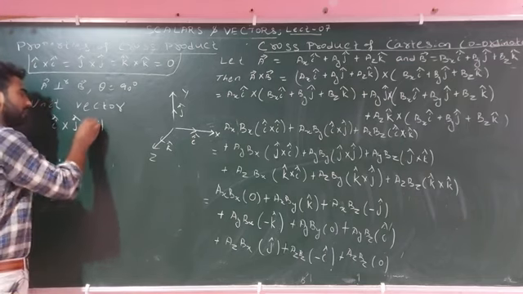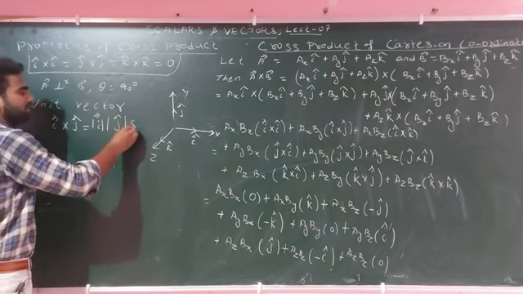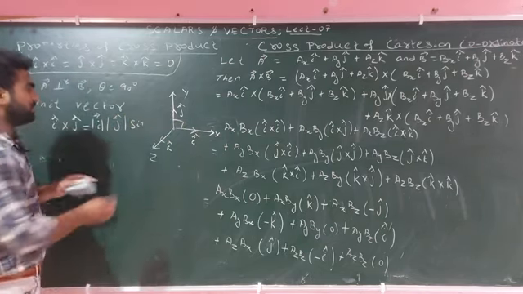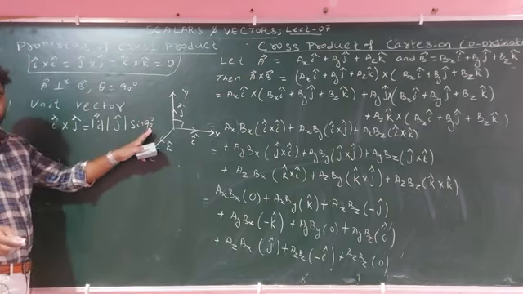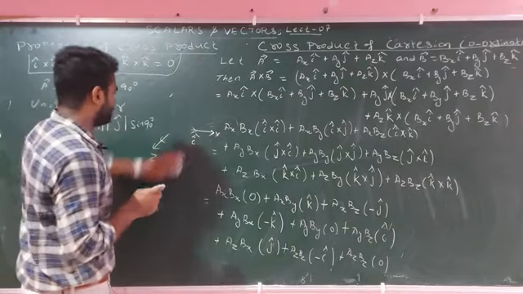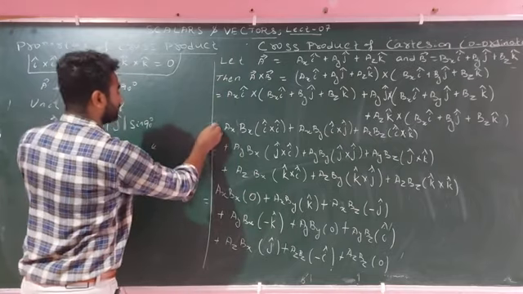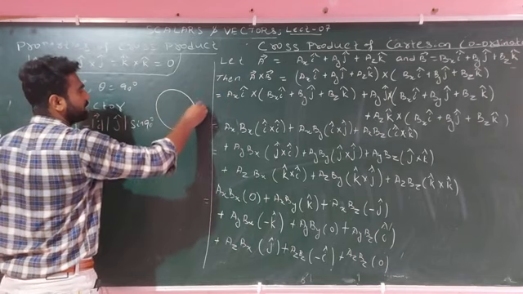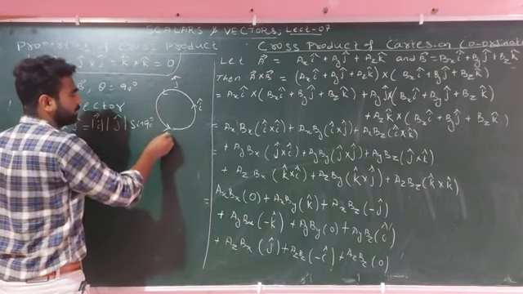It gives magnitude of i cap into magnitude of j cap, and the angle between i cap and j cap is 90, so sin 90 degrees, and the unit vector n cap becomes k cap. Consider it is cyclic: i cap, j cap, k cap.